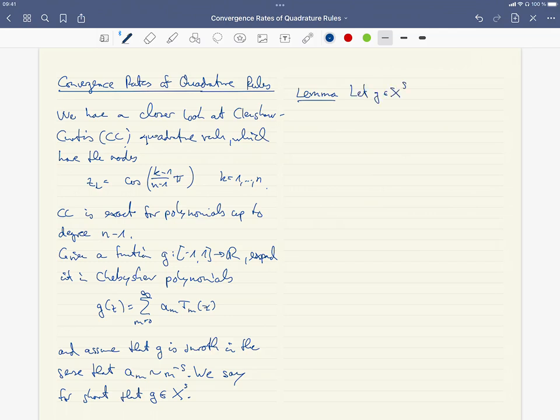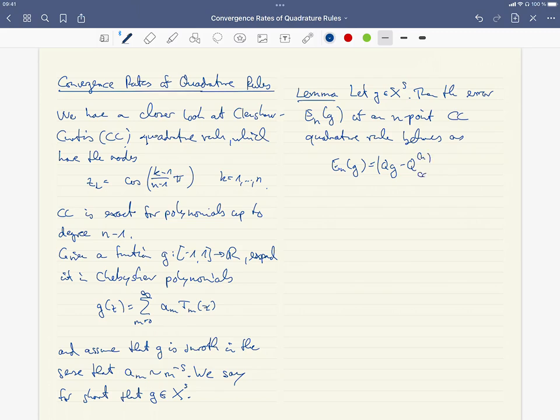So g in X^s, and then the error E_n of g of the n-point CC quadrature rule behaves as follows. E_n of g is the error, so that's the true integral Q of g minus the n-point CC quadrature of g, and that's less than or equal to a constant depending on g times n to the minus s.